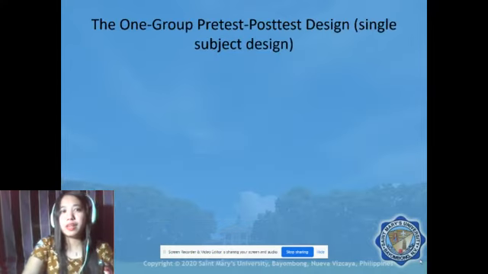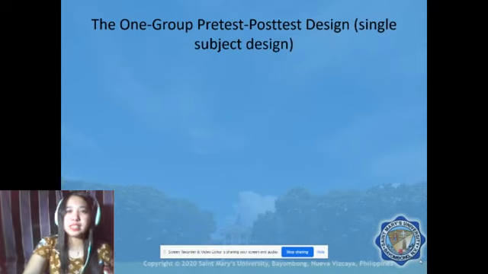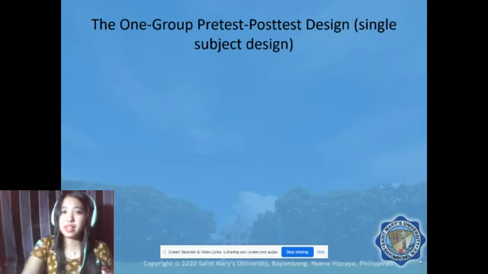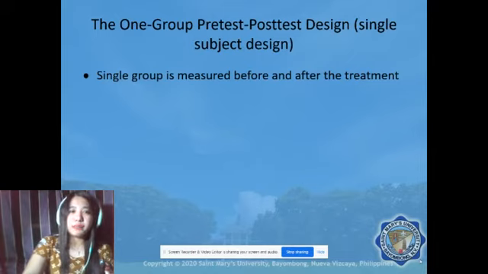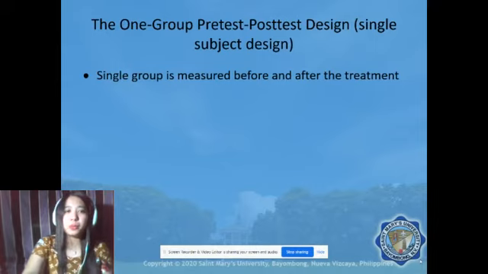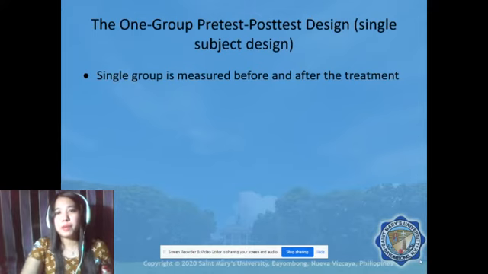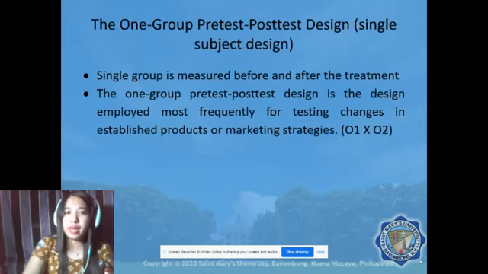While the one group pretest-posttest design is still a single subject design, you just add the pretest as part of the original single subject design, wherein the one considered is only the post-test. So you have a before and after treatment.